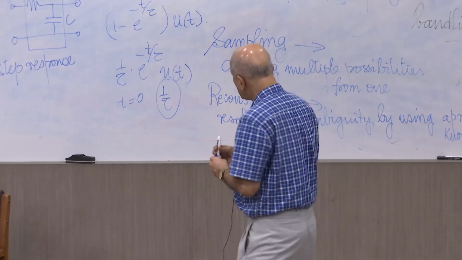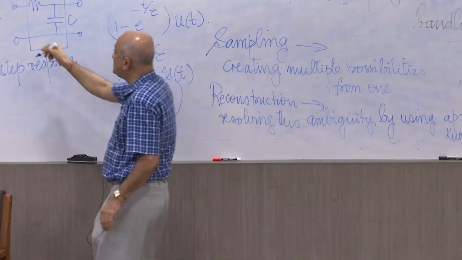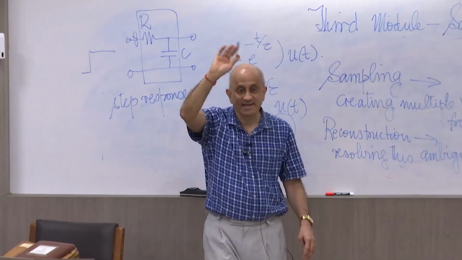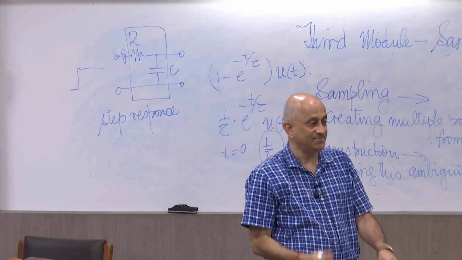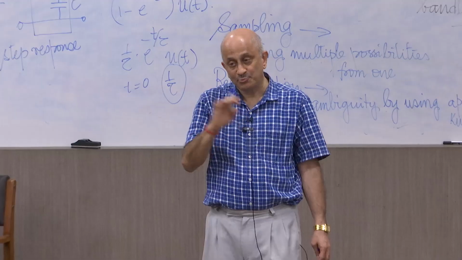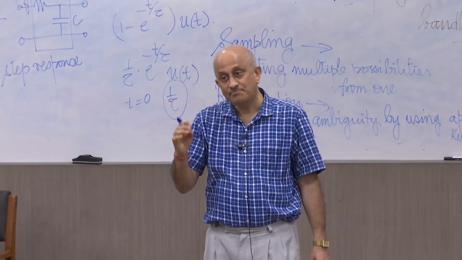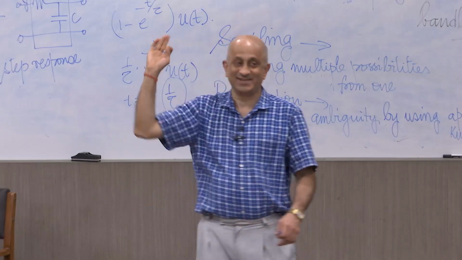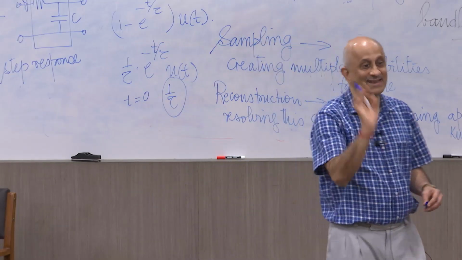I applied a unit step and I put an ammeter here, which can measure the current going in. At how many points do I need to observe that current to write down the full expression for the current? So that's the second question.